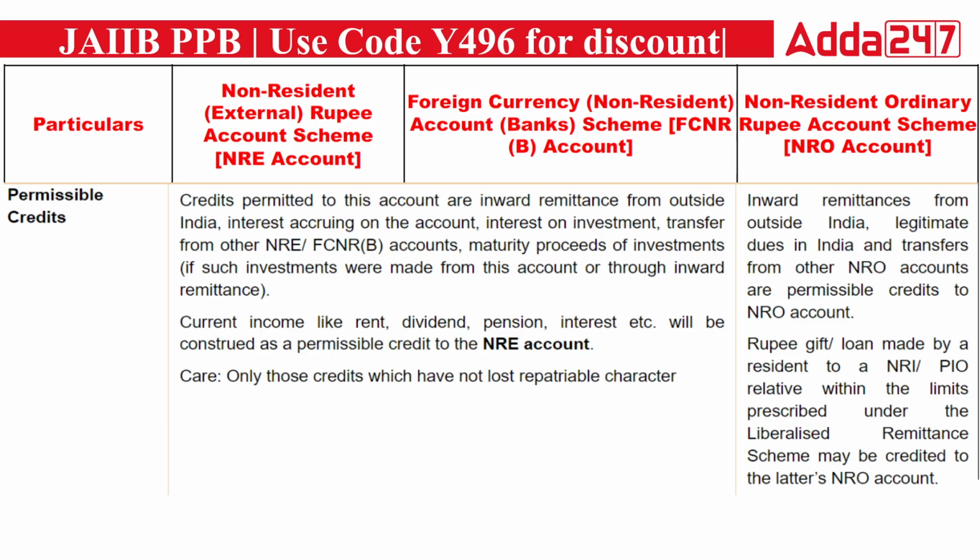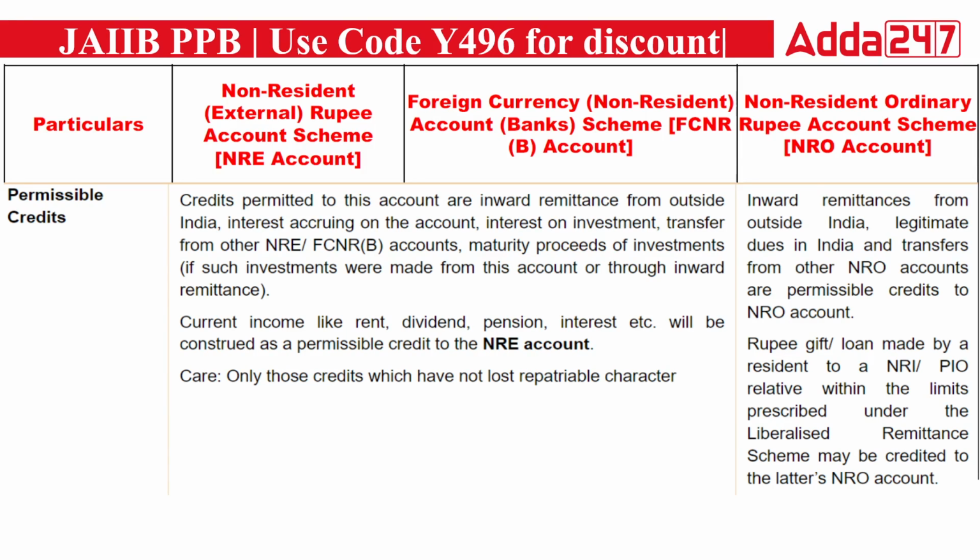The current income like rent, dividend, pension, interest will be construed as a permissible credit to the NRE account, and only those credits which have not lost repatriable character will be covered in these accounts. The NRO account includes inward remittance from outside India, legitimate dues in India, and transfers from other NRO accounts as permissible credits.